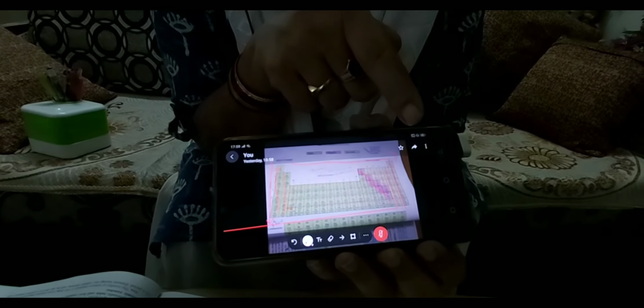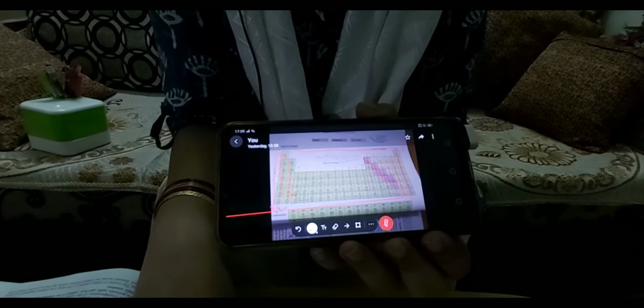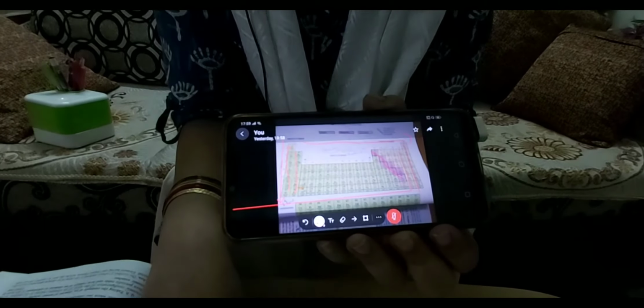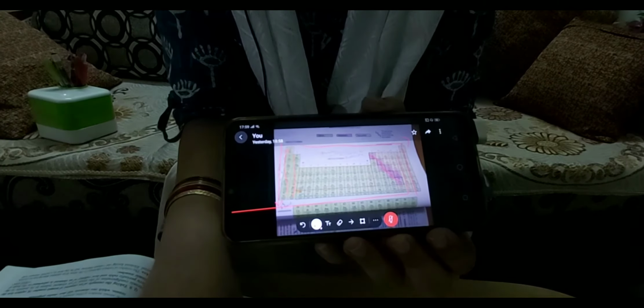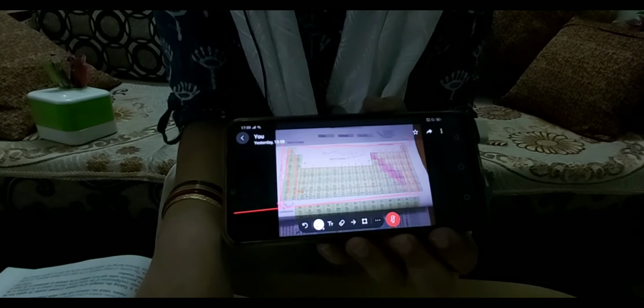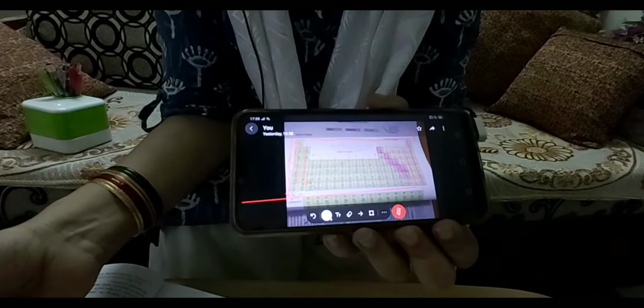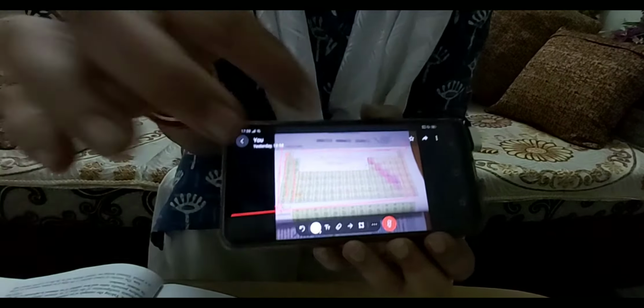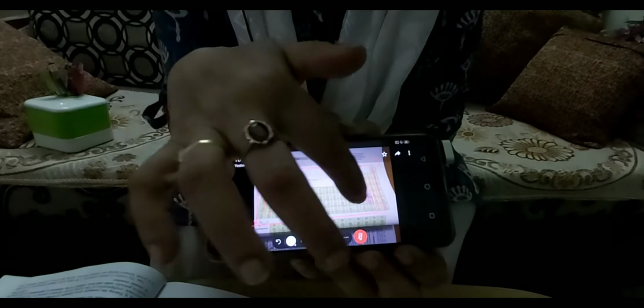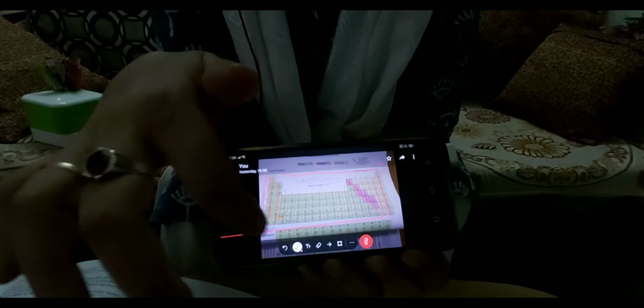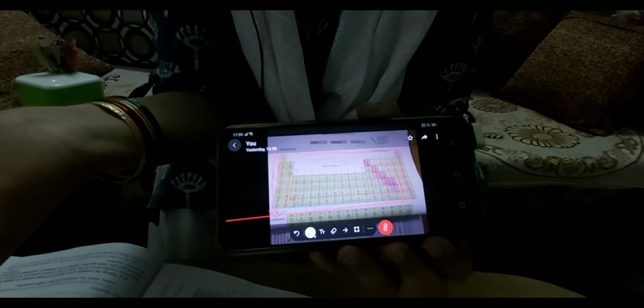I repeat, the metalloids are boron, silicon, germanium, arsenic, tellurium and polonium. They are the metalloids. The rest are all metals. All the green boxes you are able to see, they are all the metals.